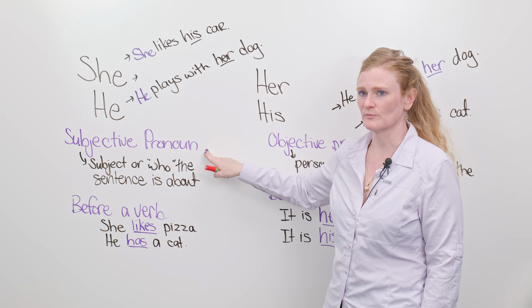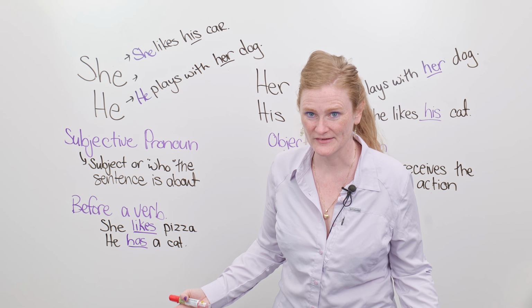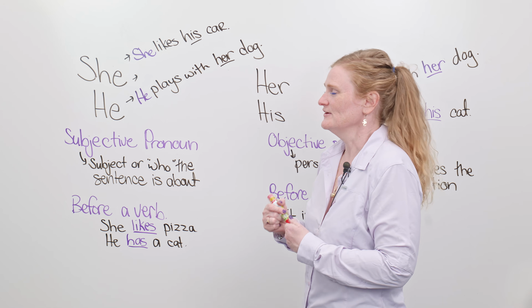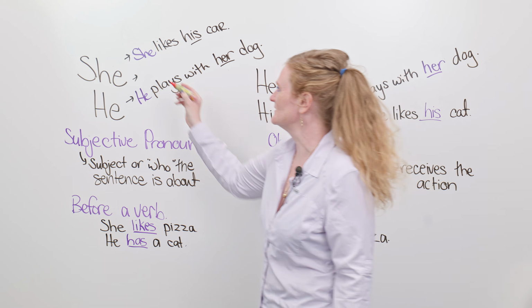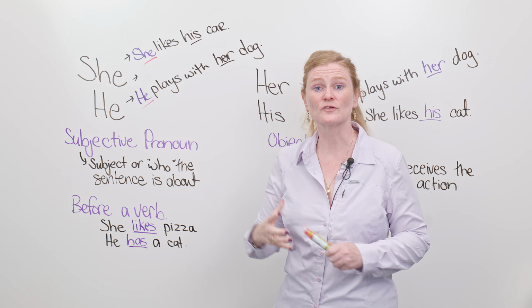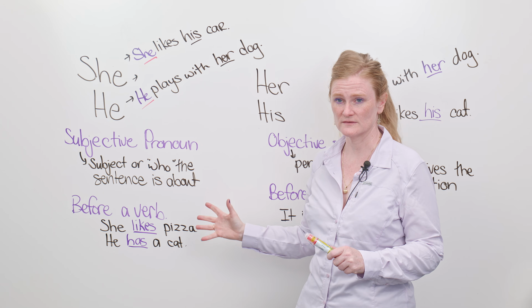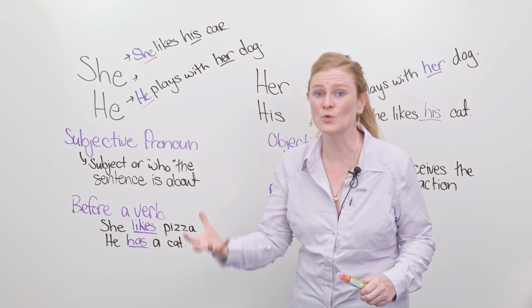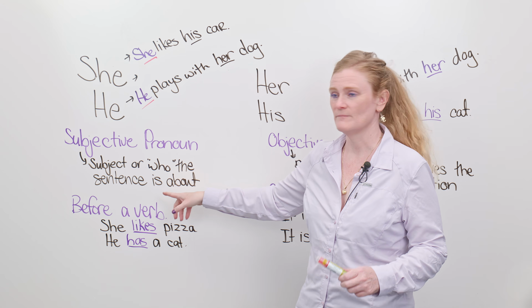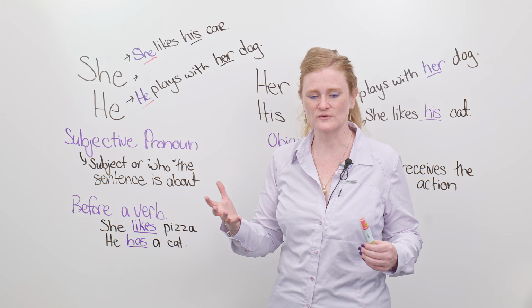A subjective pronoun basically means it's the subject of the sentence. And usually the subject is at the beginning of the sentence. The subject, or the subjective pronoun, is going to tell us who the sentence is about, okay? It's easier if we do it with names.